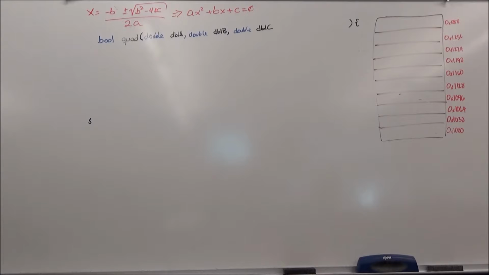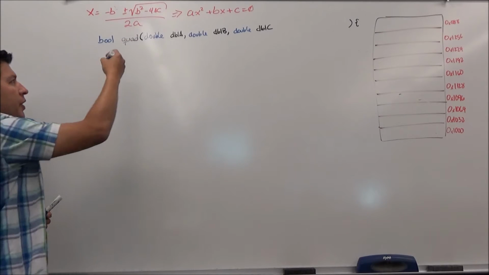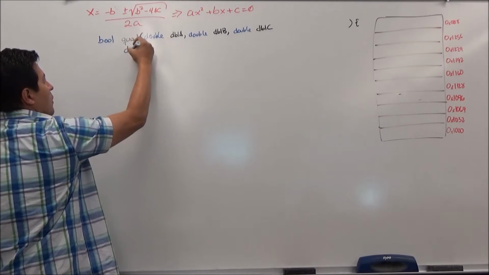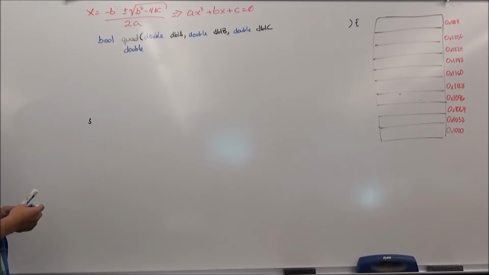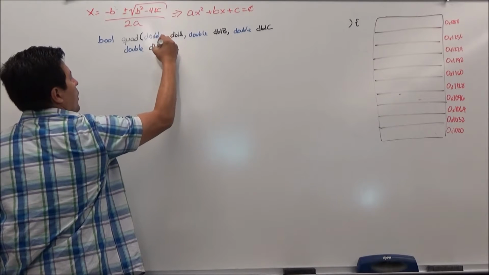Doing the division by 0 check is easy. All I have to do is compare if a is 0. But the square root part might not be that easy. I had to do some calculation. So I'm going to declare a local variable. You have your section for local variables. I call it double square part.